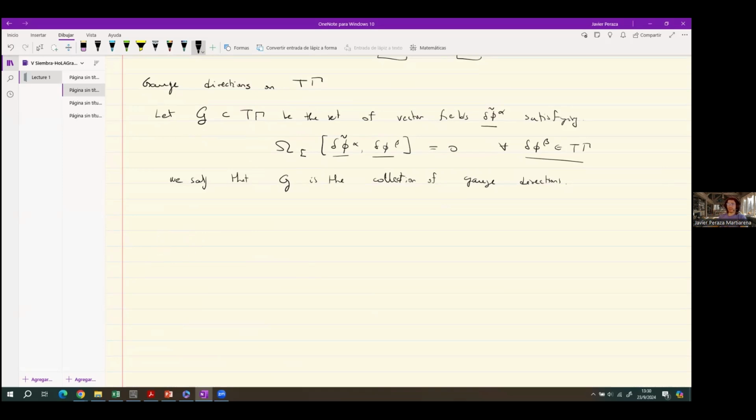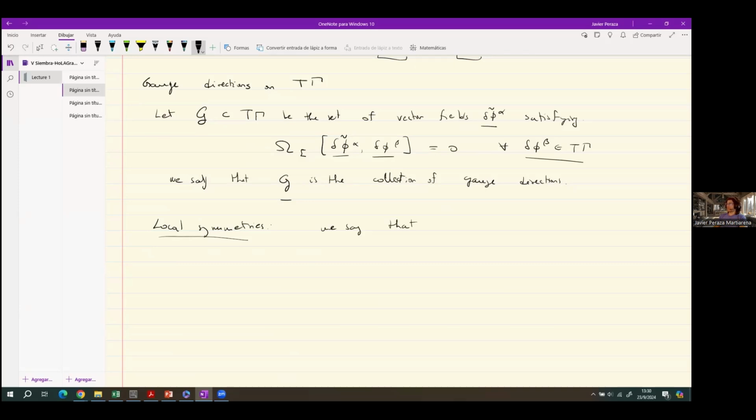Those definitions can be found in the Lee and Wall paper, which you can see in the notes later. And the thing is the following. If we have the concept of local symmetry, which is what I think you were asking about, local symmetries will be certain gauge directions.